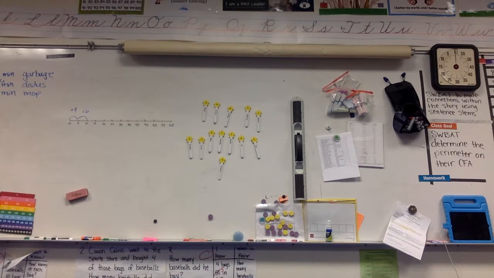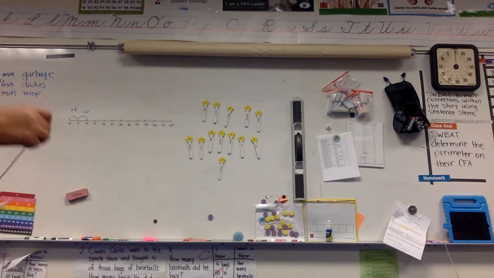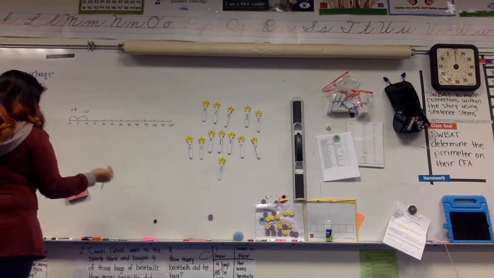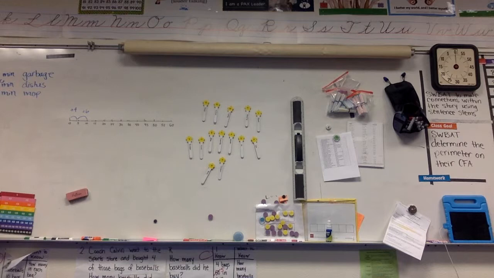Now, I'm going to finish adding my dishes, but I'm going to do it in 2 hops. Okay? You still with me? So dishes, I have 6 minutes, 2 hops. Trying to use the numbers that are there the best I can.